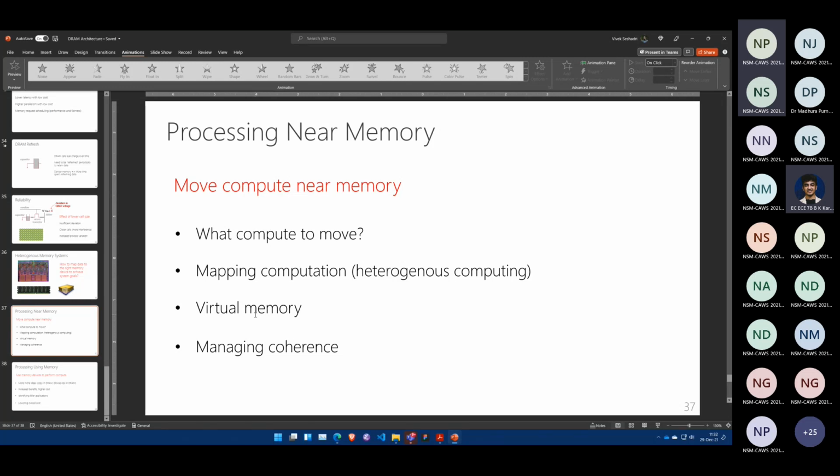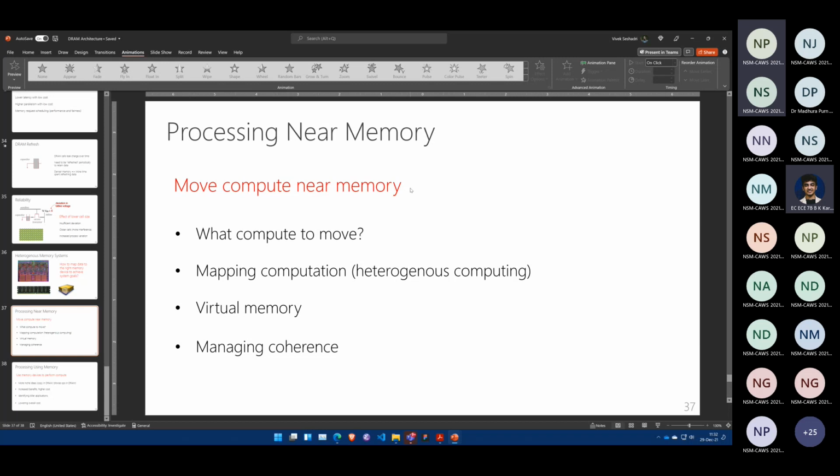One can do something similar with processing in memory as well, but there's a key difference between processing near memory and how we use GPUs today. GPUs have their own memory, and any computation that we want to do on the GPU, we have to transfer the data into that GPU's memory and do the computation there.